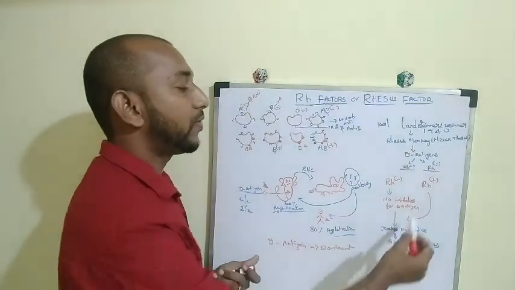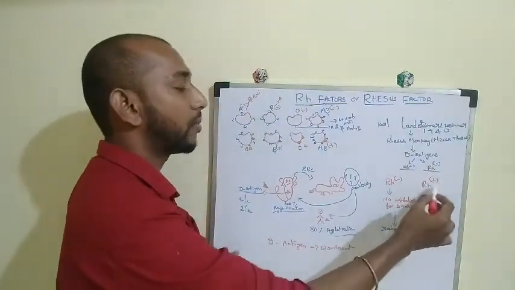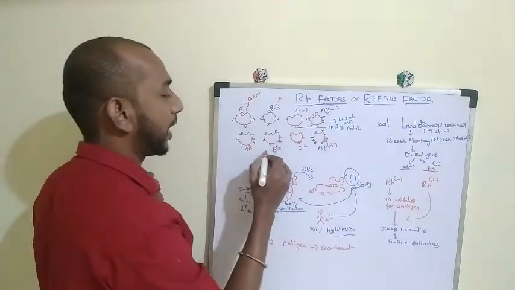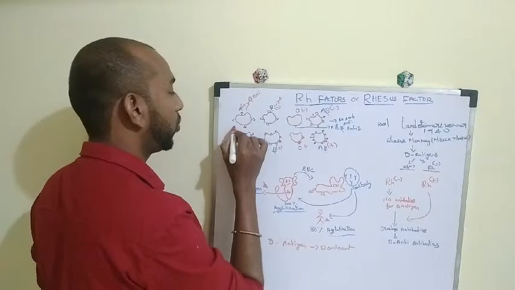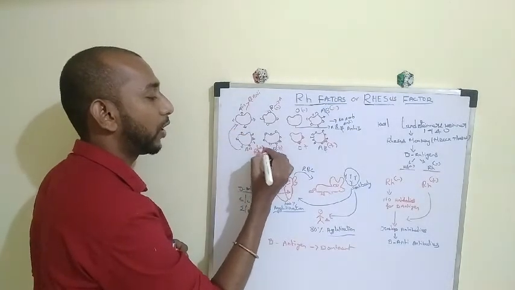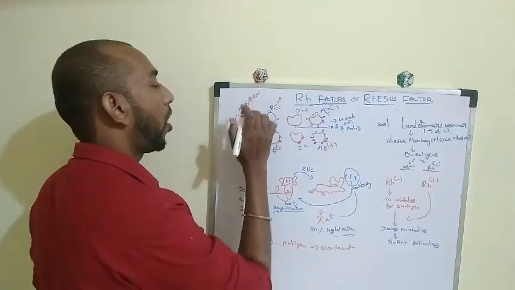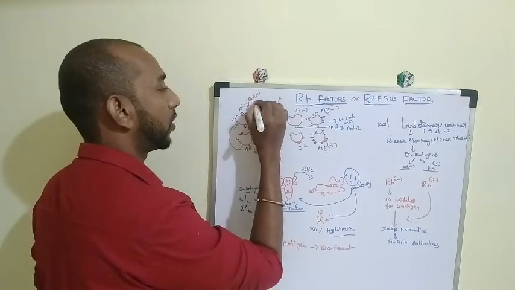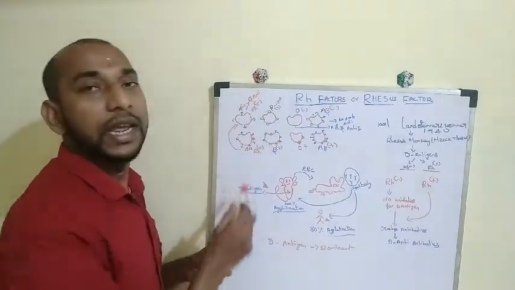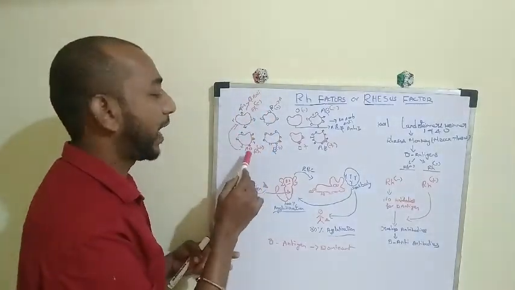So what happens when they are exposed to, say for example, A positive blood transfused into an A negative person, which means Rh positive blood into an Rh negative person? Naturally they don't have any antibodies for the D antigen.